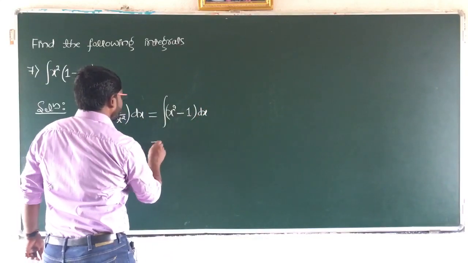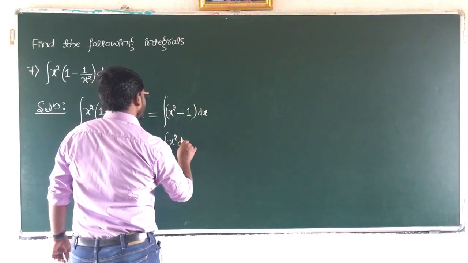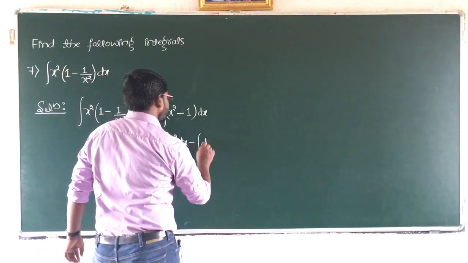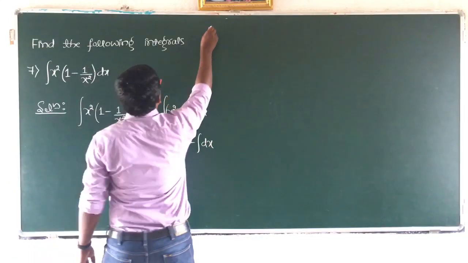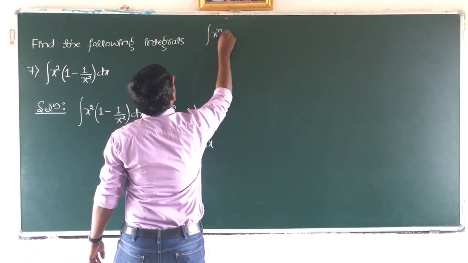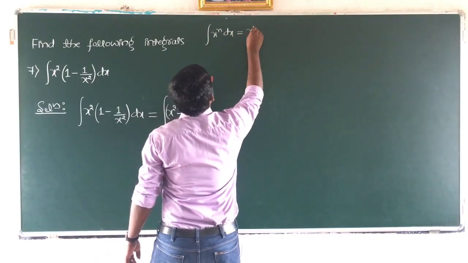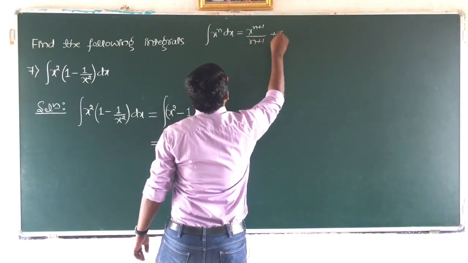Now integrate them separately: integral x square dx minus integral 1 dx, or only dx. Here we have to apply the formula of integration of x to the power n dx, which is equal to x to the power n plus 1 divided by n plus 1 plus c.